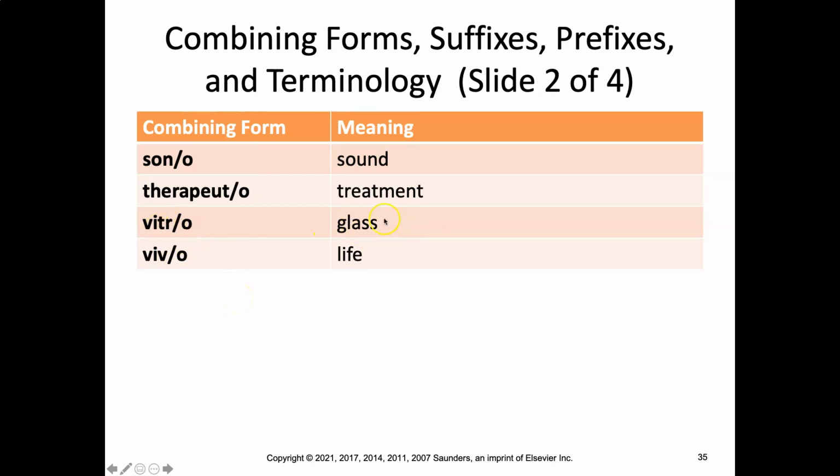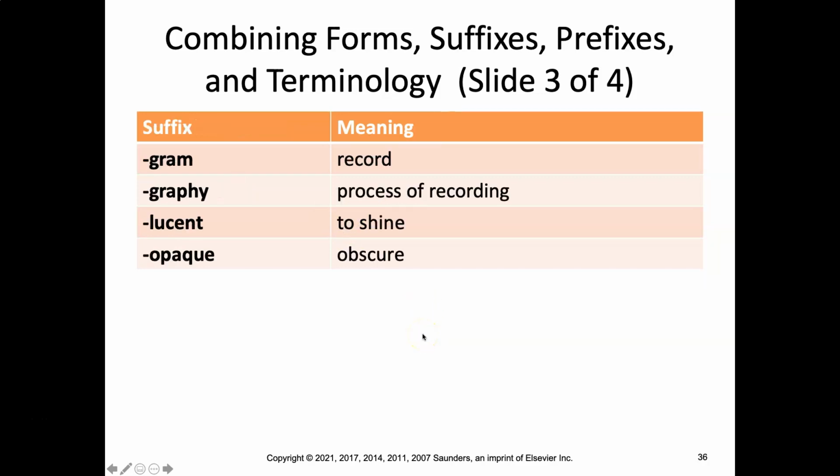Vitro is glass, tube, glass. It's outside the body. And then you've got some suffixes here. LUC has to do with light. Anytime you see LUC, it has to do with light in some way, shape, or form. That'll be a good hint for you.